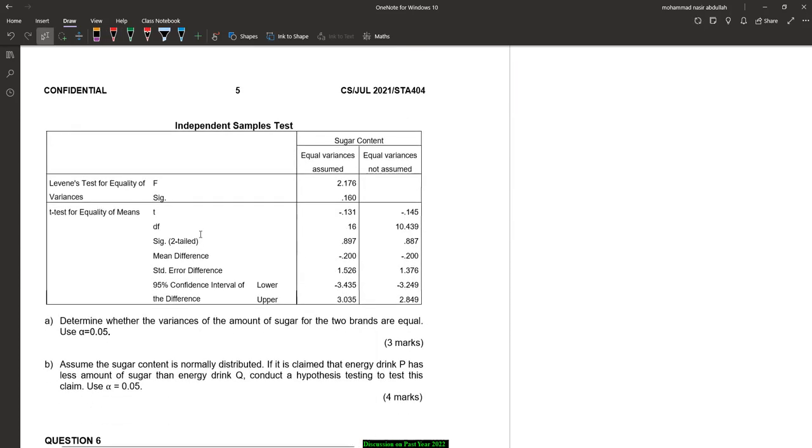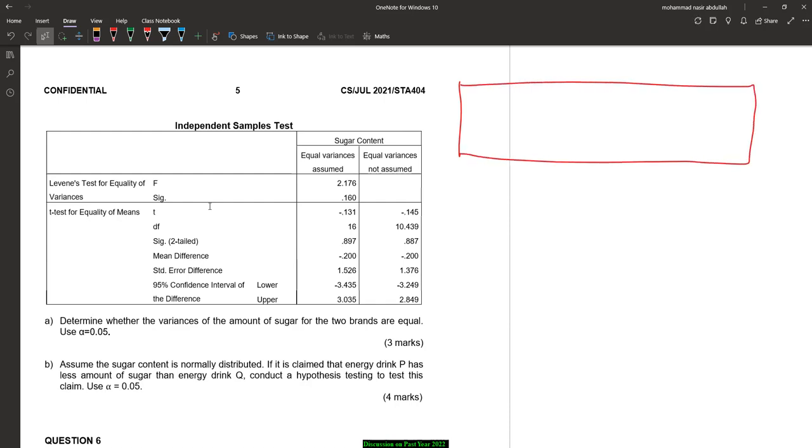Alright. And then we have independent sample t-test. Remember dalam SPSS dia selalunya wide presentation lah kan, but dia transform to long presentation ke bawah, benda yang sama saja. So determine whether the variance of the amount of sugar for two brands are equal.